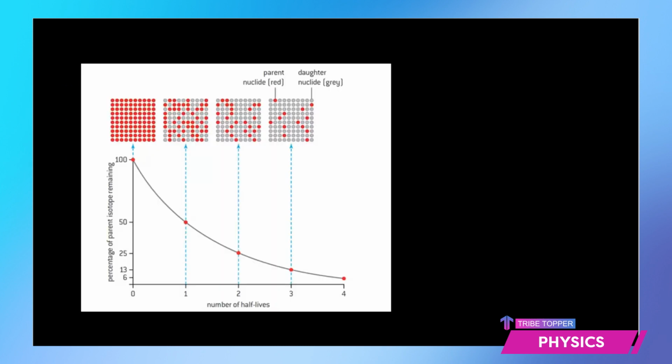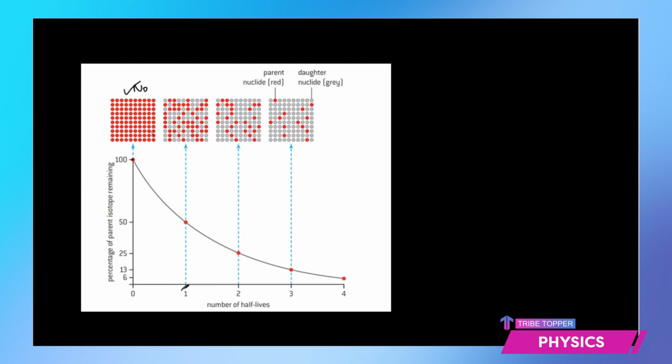So this graph completely represents the half-life. You have all the nuclei present initially, that's N naught, representing the full sample, say 100%. After the first half-life, the number reduces to 50% of the original one. So half of that sample is left.